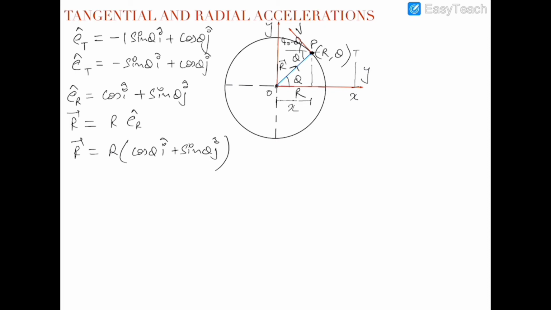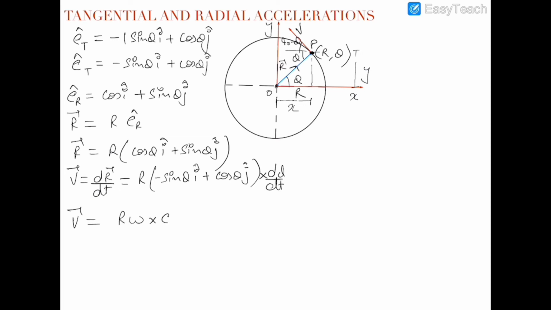Now if we differentiate the radius vector, it will give the velocity, because this is the position vector and the rate of change of position vector is velocity. So v will be equal to dr by dt. This is r, and differentiation of cos theta i cap plus sin theta j cap will be minus sin theta i cap plus cos theta j cap into d theta by dt. Now this d theta by dt is omega, and therefore v vector will be equal to r omega into e tangential.